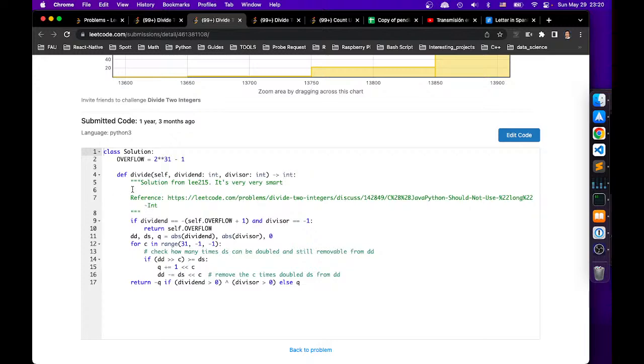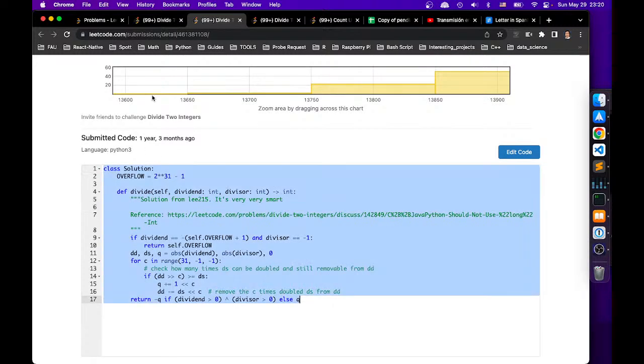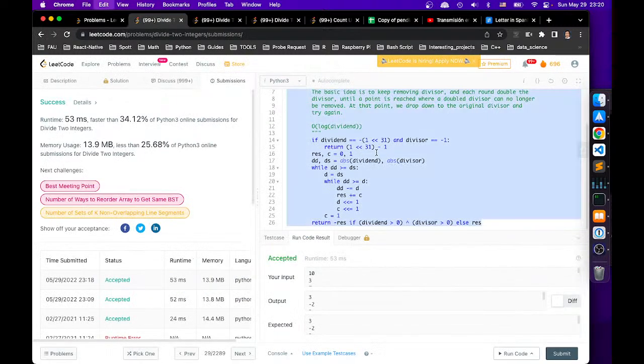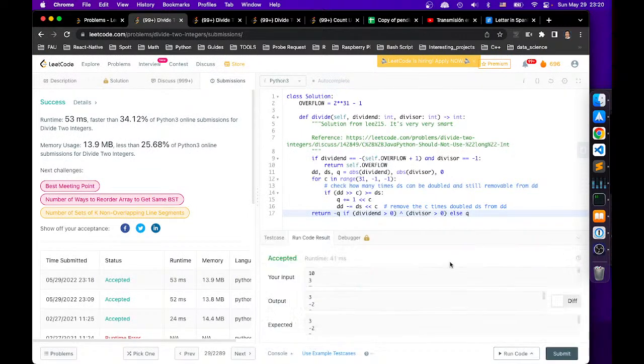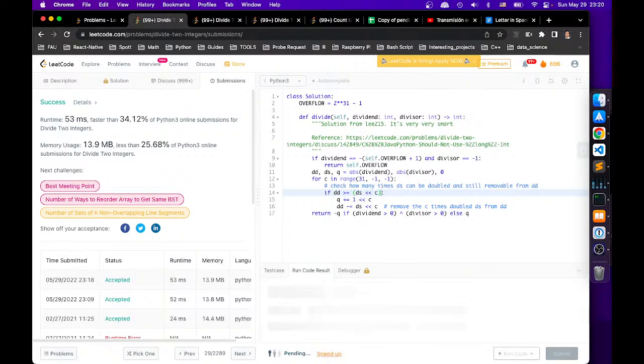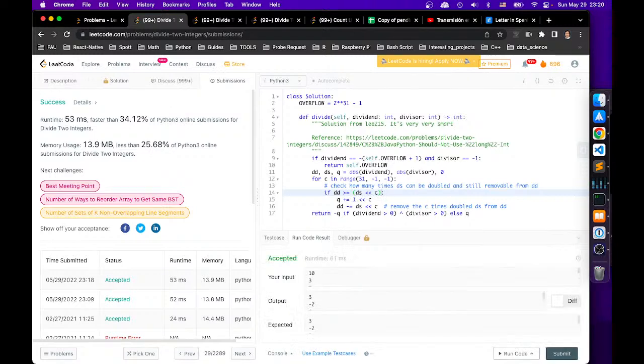Hold up. This sounds correct. So what's the difference between this and, let's say, left shift C? Yeah, this one makes more sense. This should be left shift C. But I'm not submitting it, which is okay. Alright, that will be it.